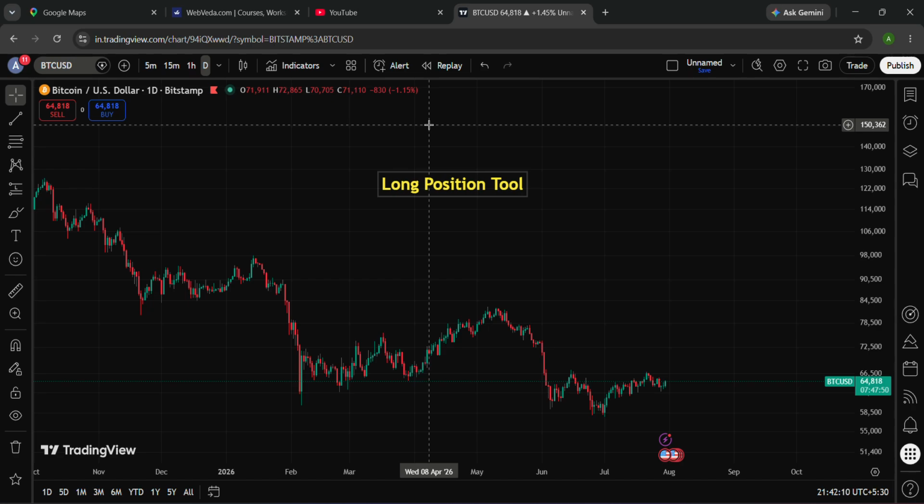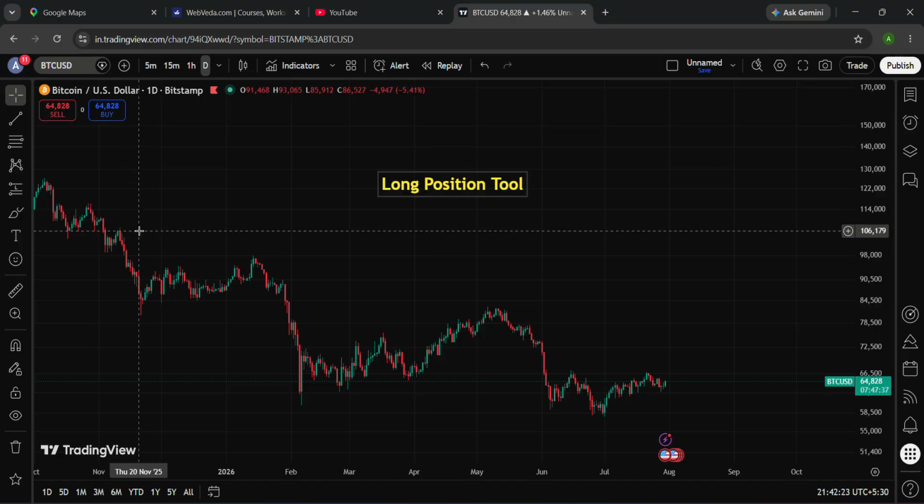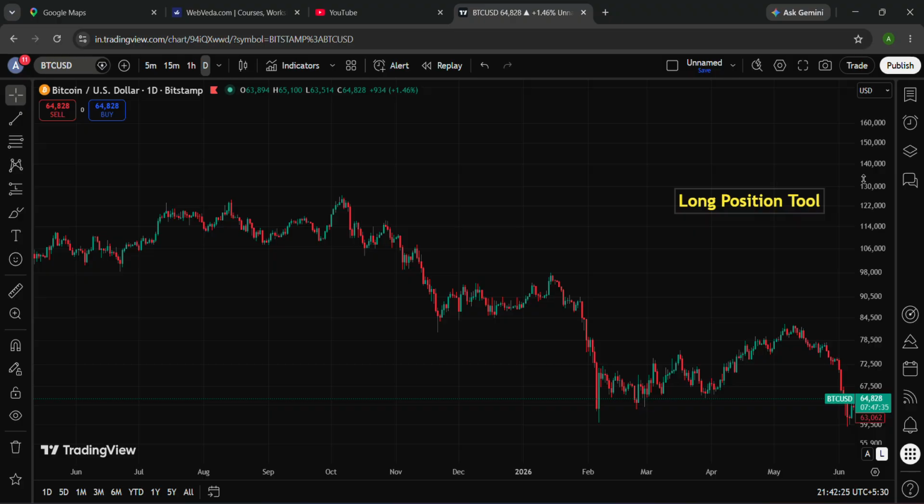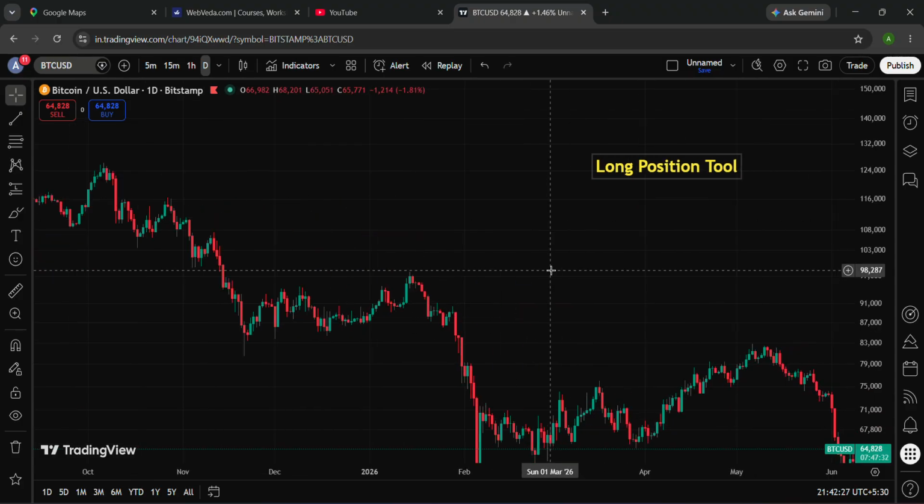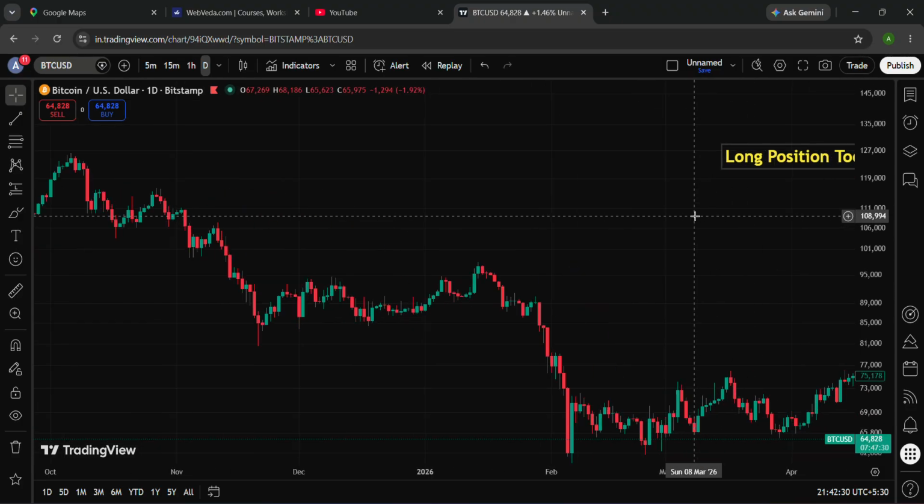Today in this very important video, we're going to understand what the long position tool is. It is something most important, because the long position tool is something you must know before understanding how trading actually works. The prerequisite is that you should know what the risk to reward ratio is.